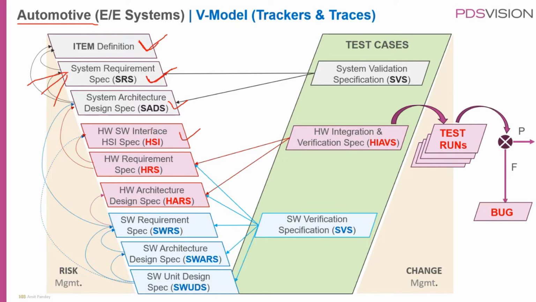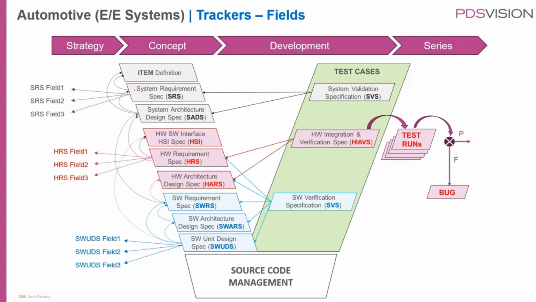As I go to the next slide, as you see here, for example, this tracker, system requirement spec, can have its own fields. That is, it can have SRS field 1, field 2, field 3. HRS, that is hardware requirement spec, can have its own fields, and so on. All the work items which I create for HRS will have these fields.